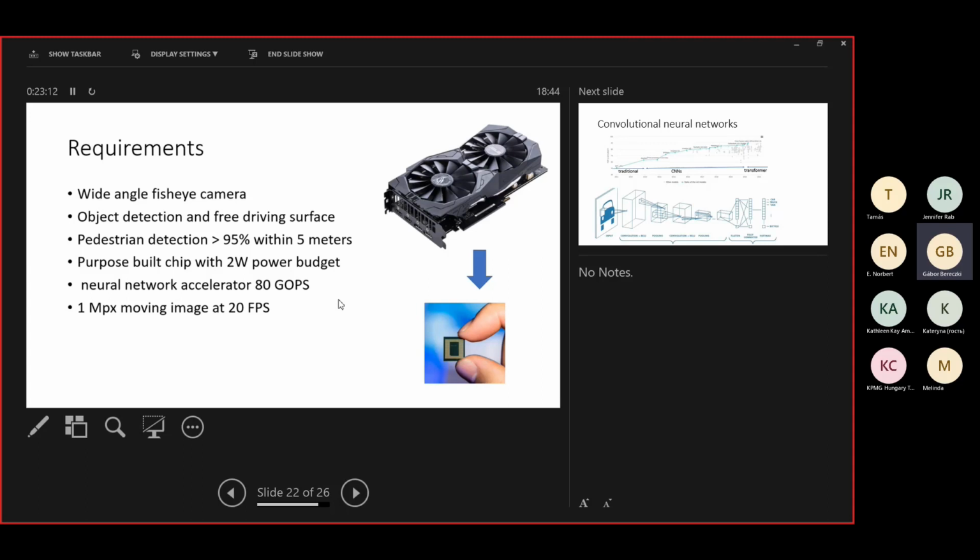And there were also limitations because of this small chip. For example, the chip could only run one type of convolutions.